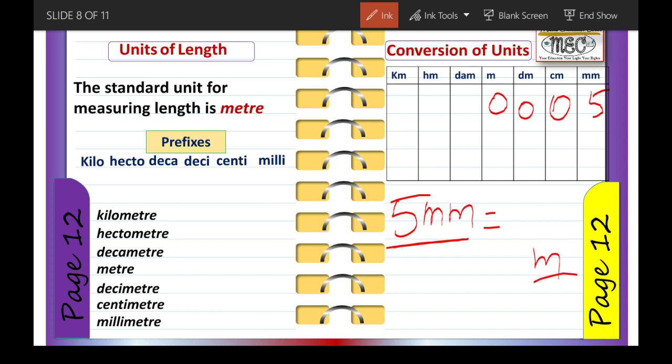The asked unit is meters. So another thing here, you cannot write 0005 as an answer because the zeros that you have there are meaningless. You make them meaningful when you put a decimal point. So we put a decimal point under the asked units. So 5 millimeters are equal to 0.005 meters.